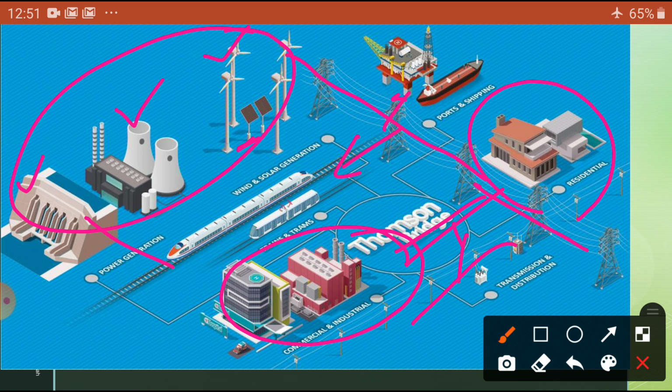Whether you are taking the hydropower station or thermal power station, nearby one substation, this thermal or hydropower station generates only low voltage, from 11 kV to 33 kV. That is a small voltage.